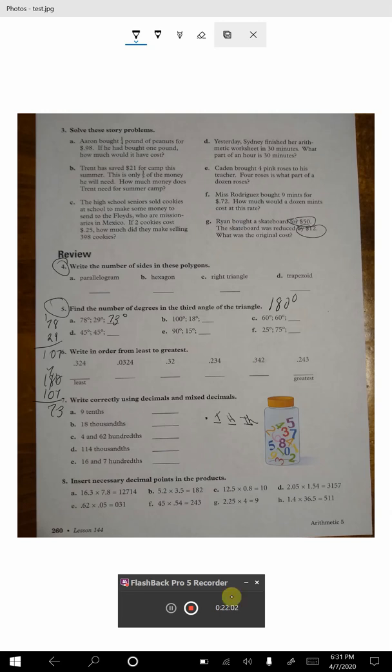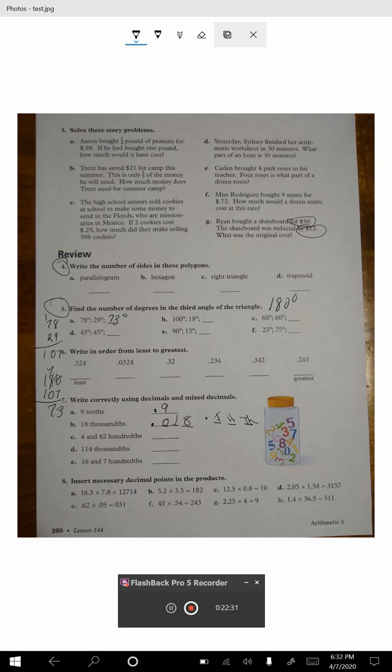So if they have 9 tenths, that 9 will go right there in the tenth spot. I don't have to worry about zeros or anything because it's only one place. 18 thousandths, on the other hand, thousandths has 3 spots. Let me put my decimal. I'm going to put 3 lines. I don't want it to read 180, right? If I put the 18 first, no. I put the 18 here and put the 0 there.